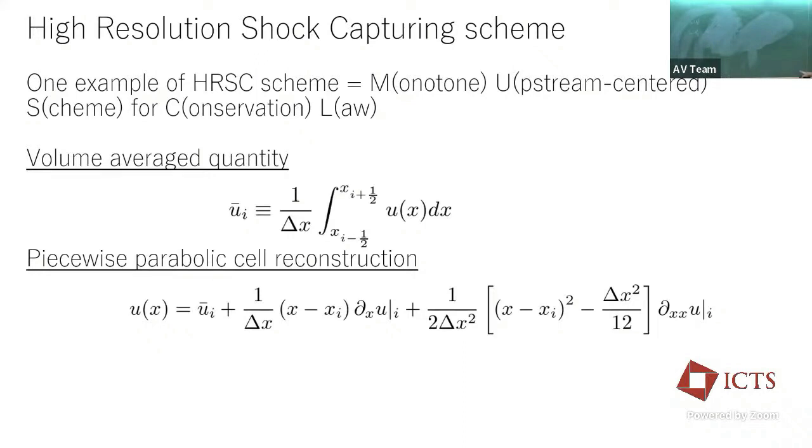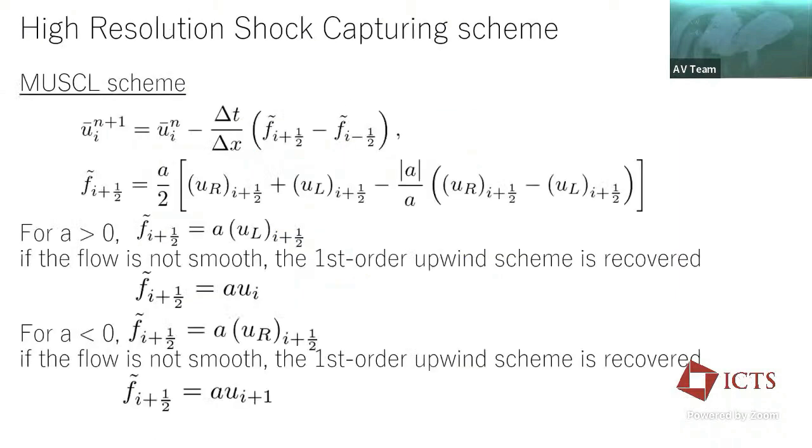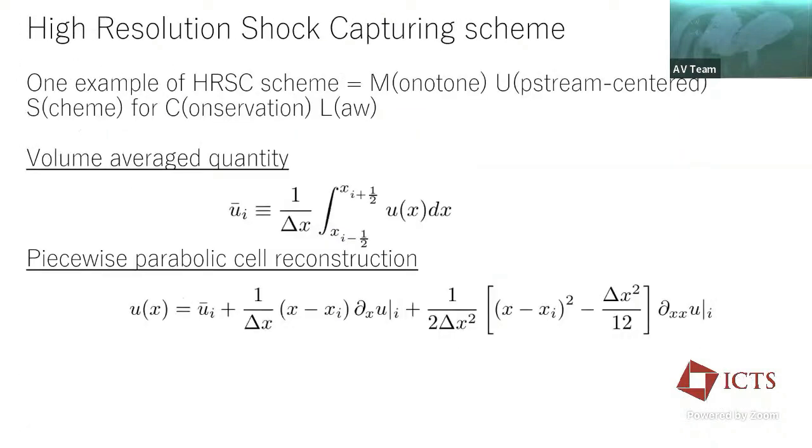And if you plug this expression into this one and evaluate this profile at i plus 1 over 2, you get the left state, described as u_L, the left state of the variable, given without the blue color region. Make sense? You just plug this expression in here and evaluate it at x equal to i plus 1 over 2.